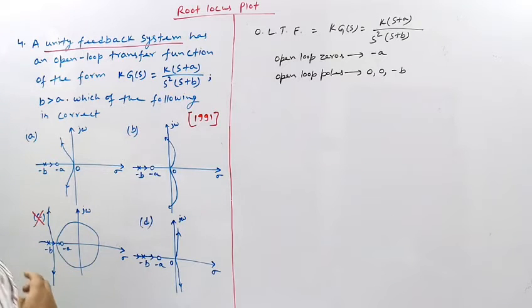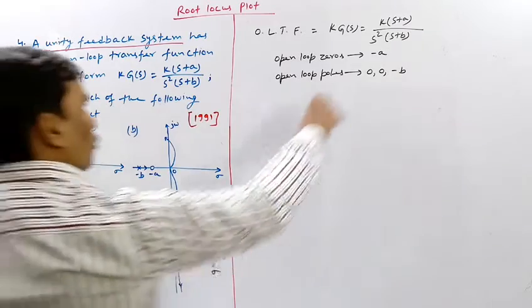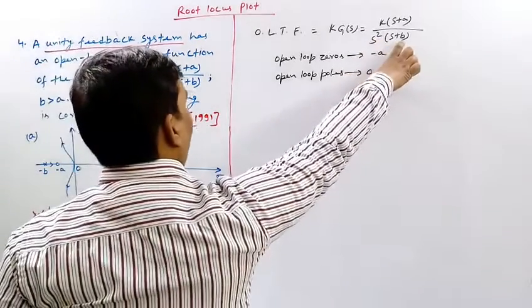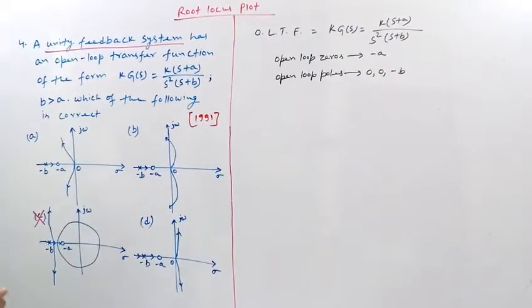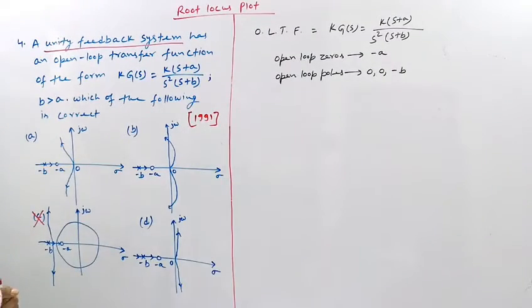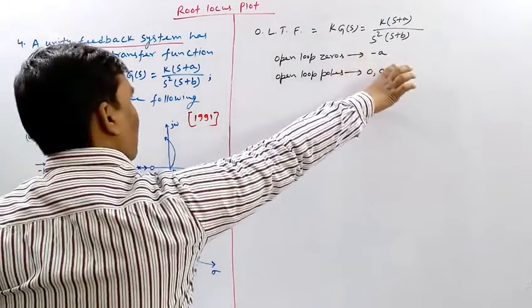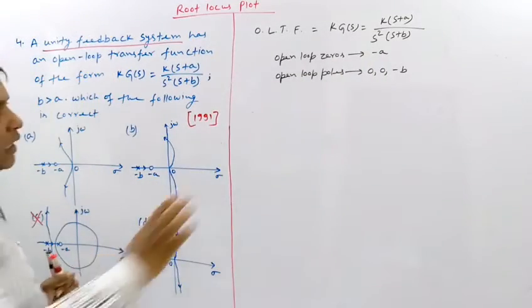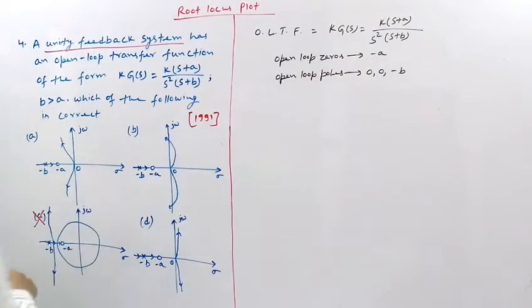Now we can see that there are 2 poles at 0 and 1 pole at minus b. So 1 branch should terminate at the open loop zero and 2 branches must terminate at infinity.